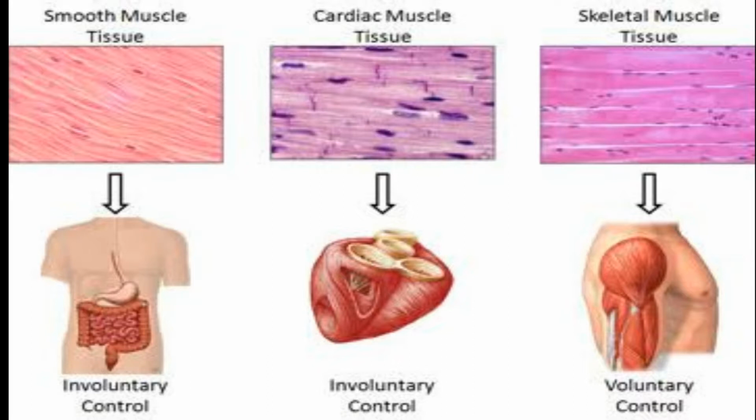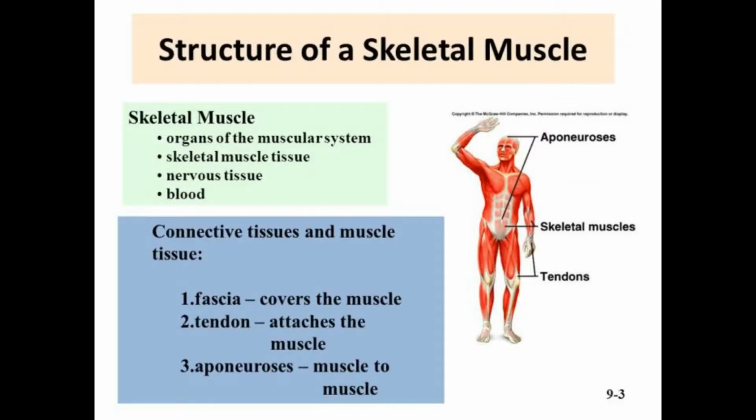Functions of muscle tissue. In the muscular system, muscle tissue is categorized into three distinct types. The first one is skeletal muscle, the second one is cardiac muscle, and the third one is smooth muscle. Each type of muscle tissue in the human body has a unique structure and specific role.